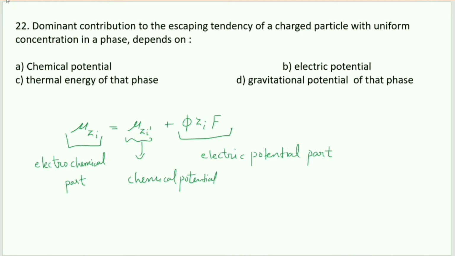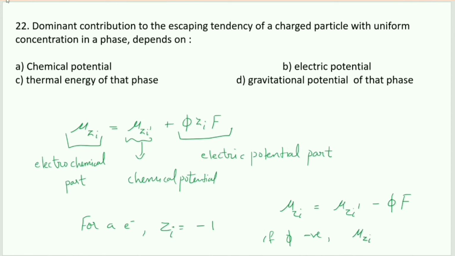And for electron, the question is what dominant contribution to the escaping tendency of a charged particle. So for electron, the charge is equal to minus 1. So in the equation, mu Zi equals mu Zi dash minus phi F. And if phi becomes negative, then what will be mu Zi?